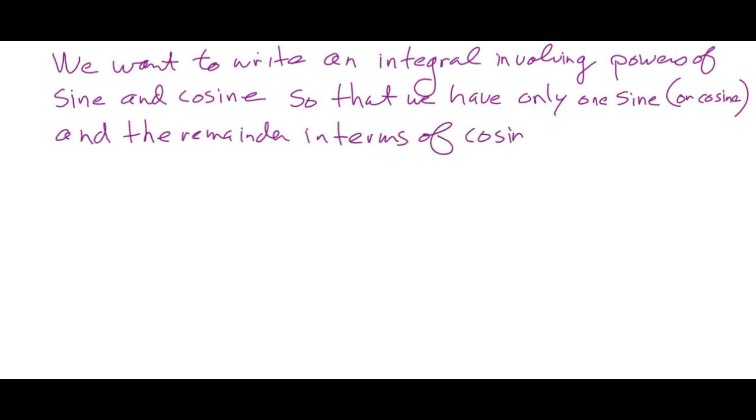So if we have only one sine, we want the remainder in terms of cosine. If we have only one cosine, then we want the remainder in terms of sine. Right, which was the example we did. So we had one cosine, cos x dx, and the remainder was in terms of sine. All right, what does that look like? So let's do this.